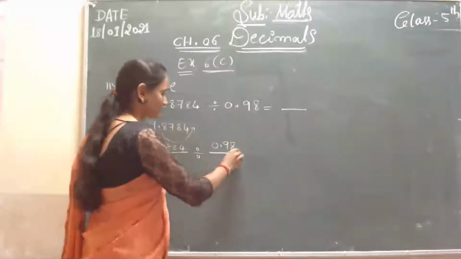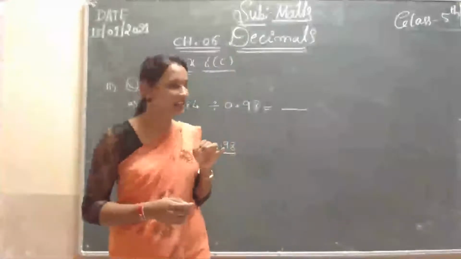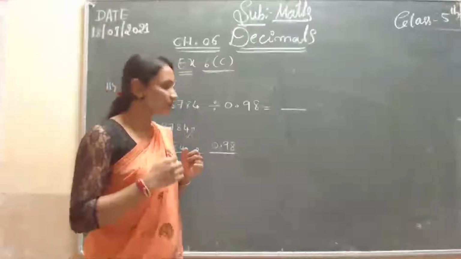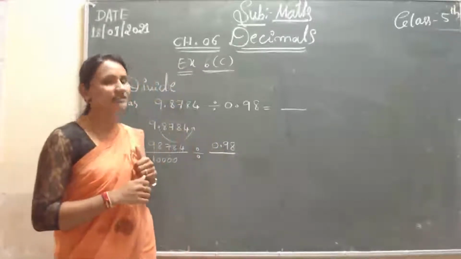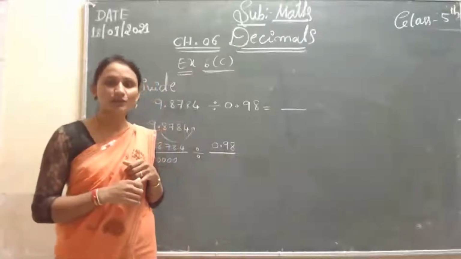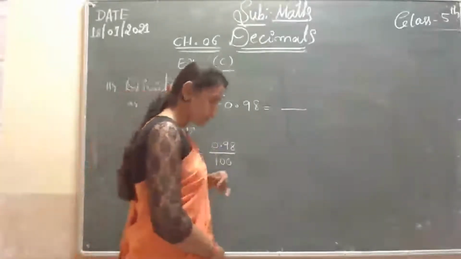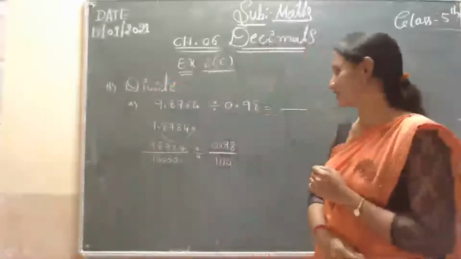Next, 0.98. Students, can you observe 0.98? How many numbers are there after the point? 2 numbers, so you have to write 100. Students, this is a very important step, so observe step by step.